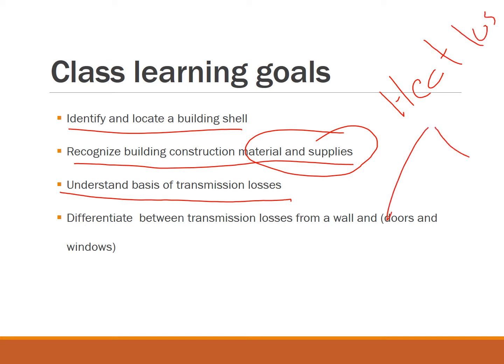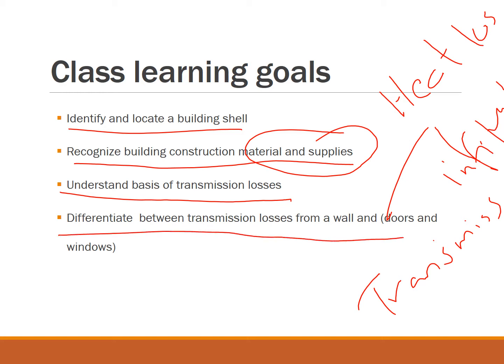One of them is transmission, and the other one is infiltration, which is also known as air leaks. So we'll talk about that as well, and we'll talk about the transmission losses from walls and windows and doors.